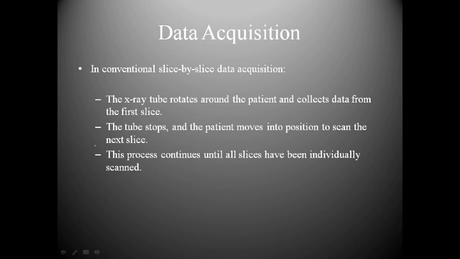Depending on how long you've been utilizing CT, you may have seen conventional slice-by-slice data acquisition, or you may never have. The first scanners operated in this manner, and there's still some argument that this type of scan yields a better result for CT heads than your volume or helical path.